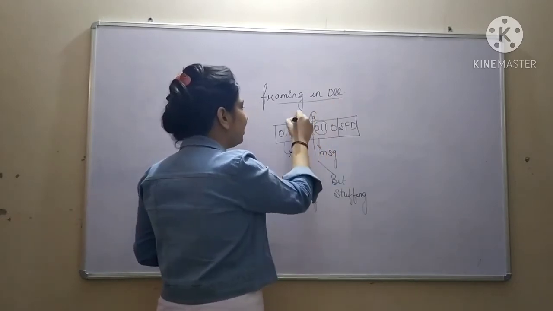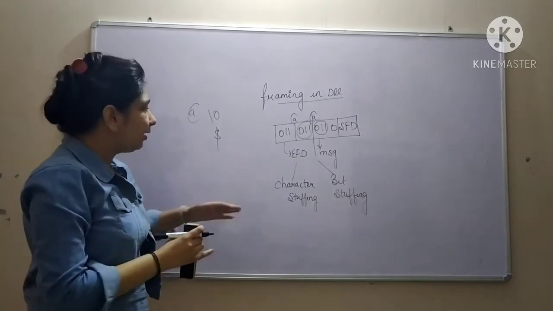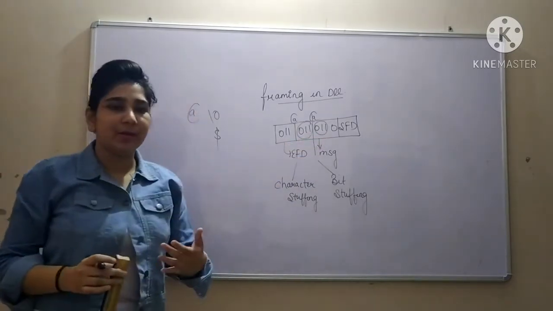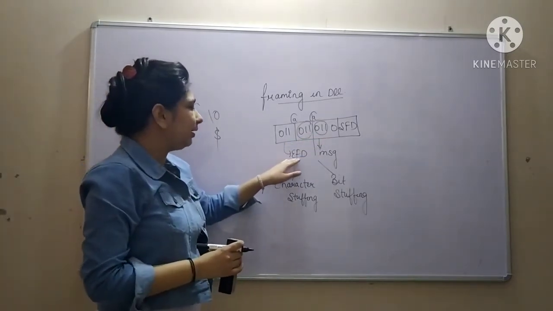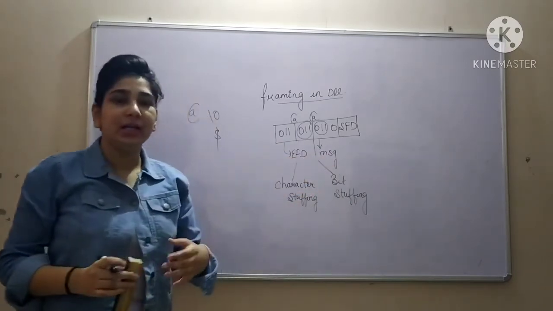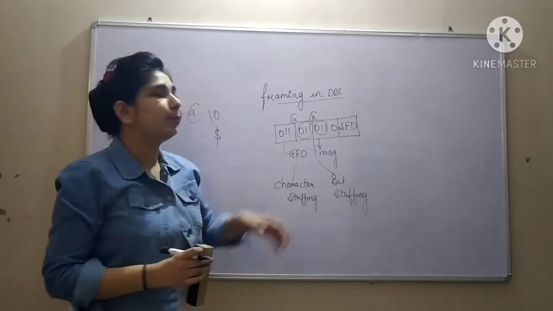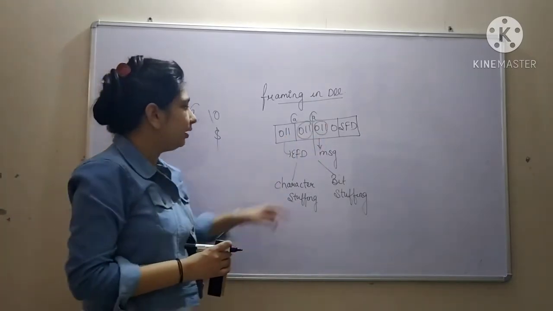I am going to put @ before 0, 1, 1. So now if you are looking at any similar pattern in the end frame delimiter and the message bit, you are able to distinguish both with the help of the @ symbol.